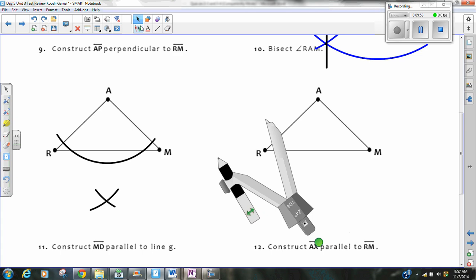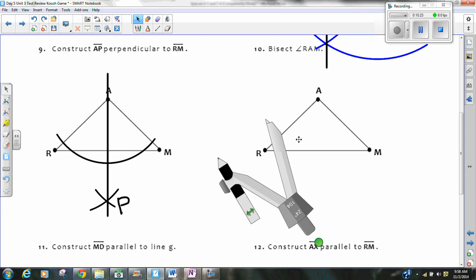That again creates a point, which you will then take the line, draw through A, and the point you just created. And it says AP, so I will label that as point P. AP, perpendicular to RM.